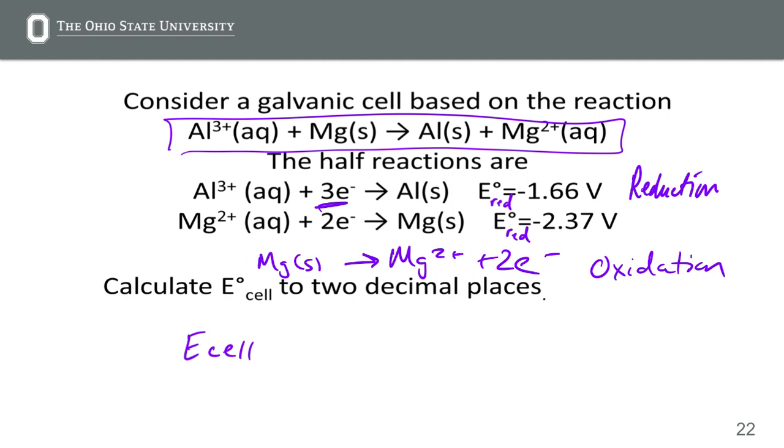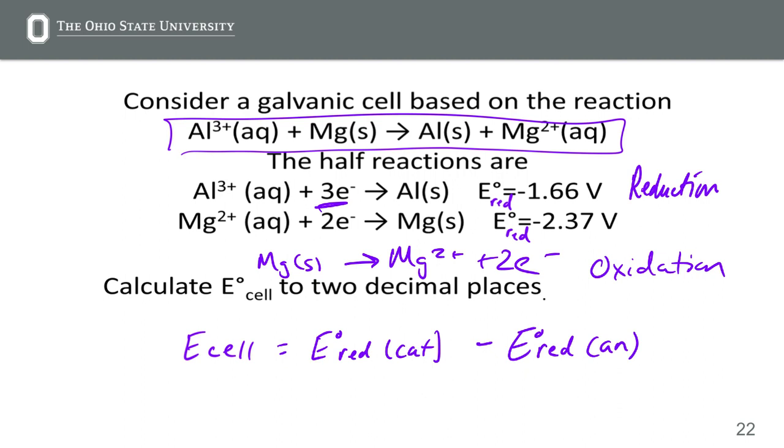If we want to calculate E cell, we'll use the equation that we saw last time, which is E cell equals the reduction potential at the cathode minus the reduction potential at the anode. So which occurs at the anode, oxidation or reduction?